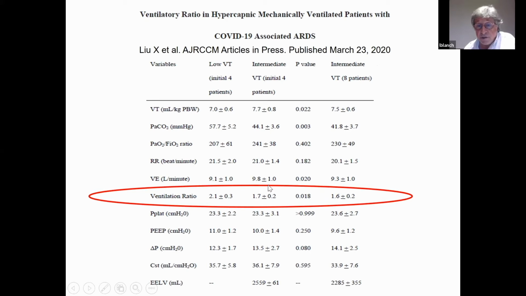This is interesting because it's the first reference saying that in COVID-19, there is a lot of microthrombosis and pulmonary derangement in the pulmonary vasculature, so maybe this is a good indicator.